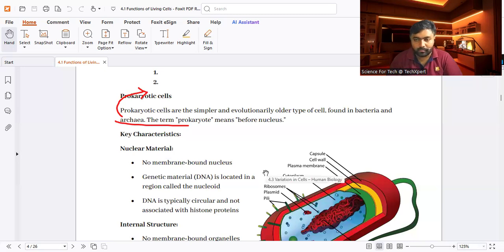Okay. Examples are bacteria and archaea.